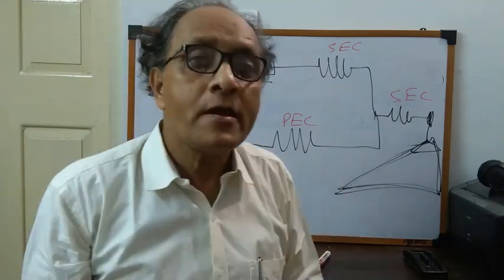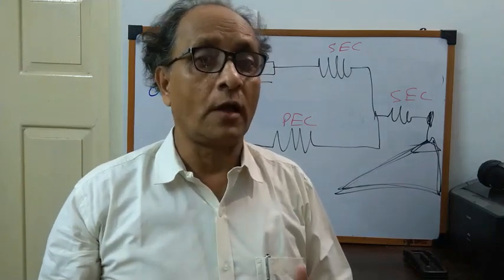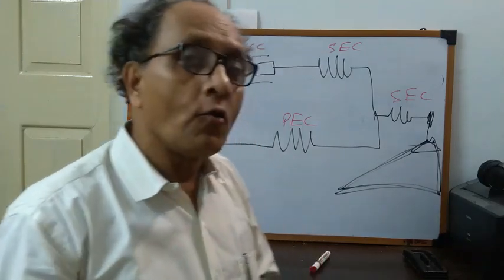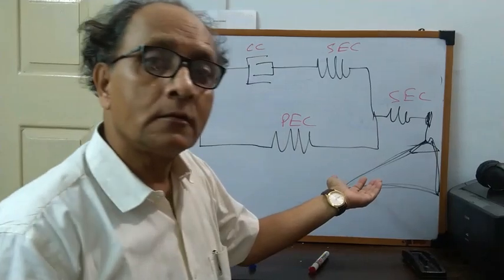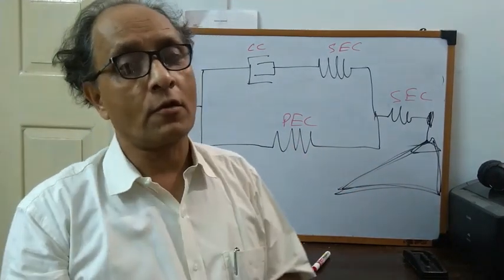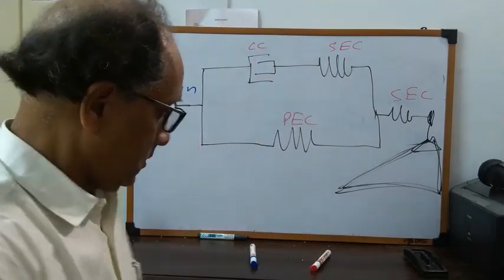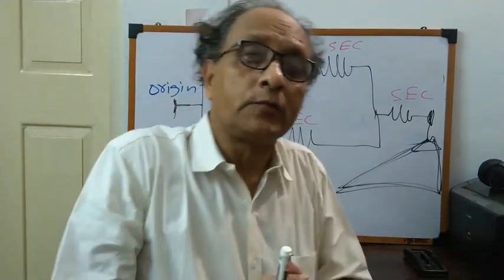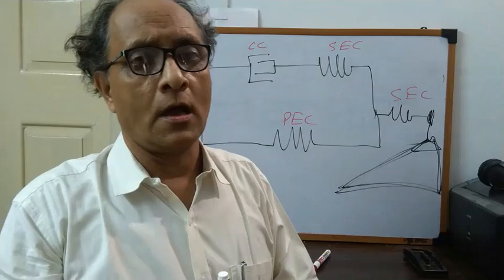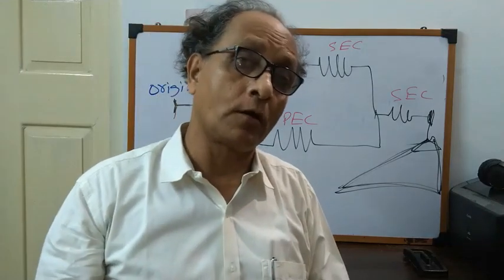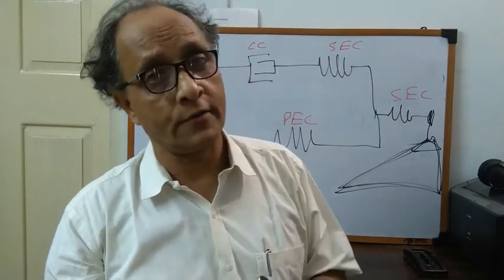If the load is heavy, muscle contraction is isometric. If the load is not that heavy, trivial, the muscle contraction will be isotonic. So this is the basic understanding of what is isotonic and isometric.